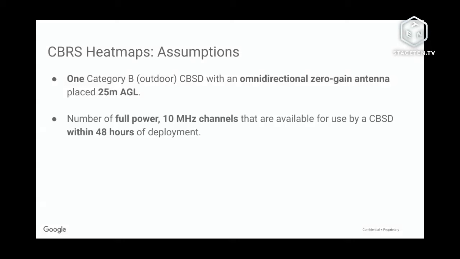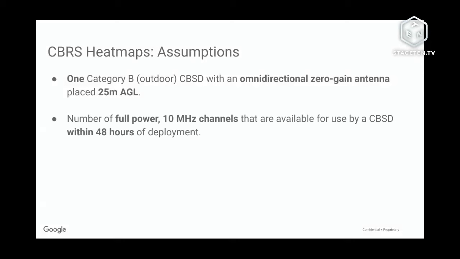All right, we talked about this point already, but just to re-emphasize that the colors on the heat map correspond to the number of full power, that's 47 dBm per 10 megahertz for a category B CBSD, the number of full power 10 megahertz channels that are available for use by a CBSD within 48 hours of deployment.